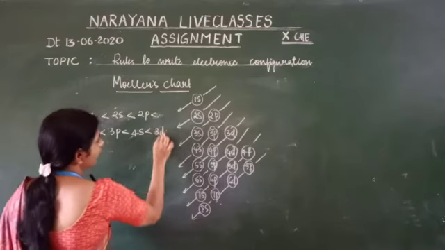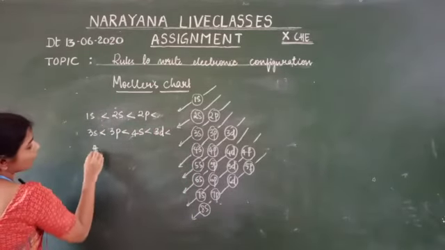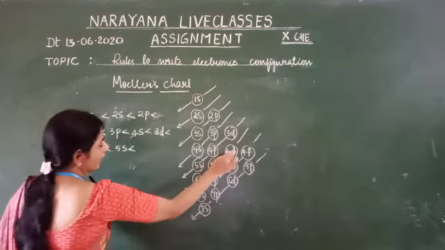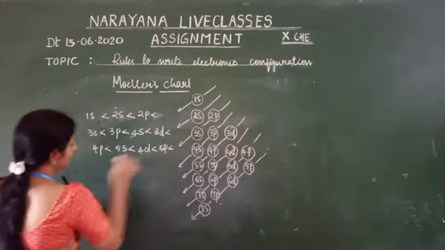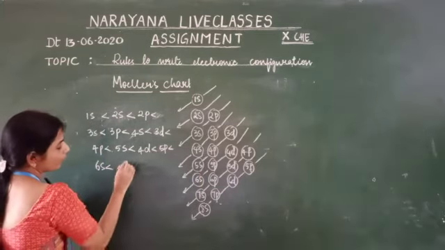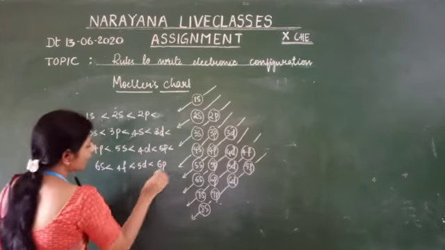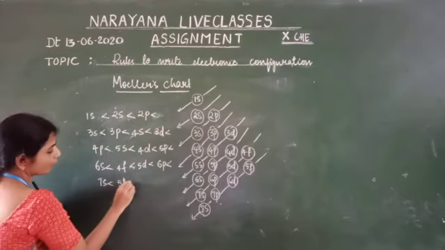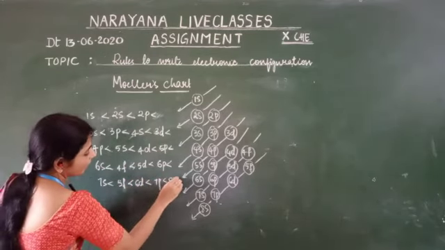After 3d, 3d will have less energy than 4p, then 5s, then comes 4d, 5p, then comes 6s and then again 4f, 5d, 6p and then comes 7s, after that comes 5f, 6d, 7p and 8s.